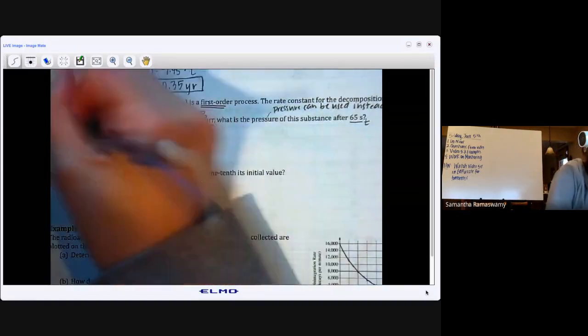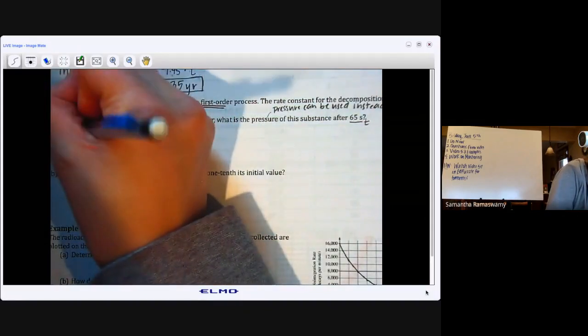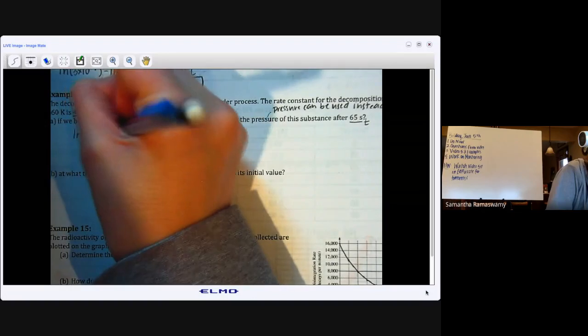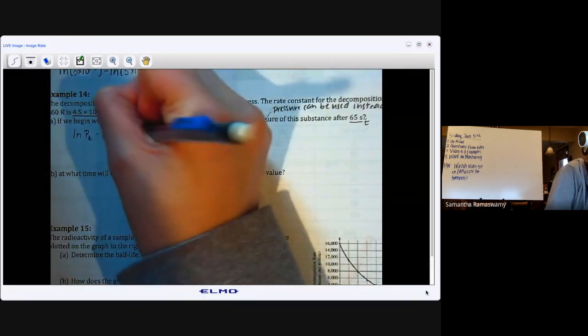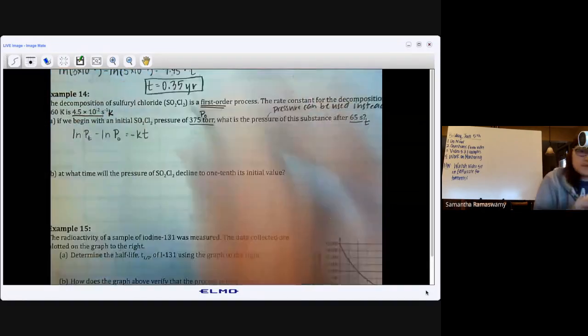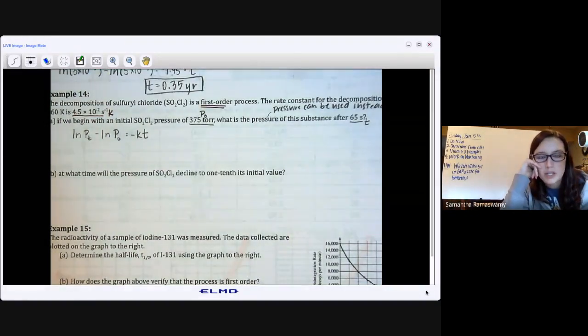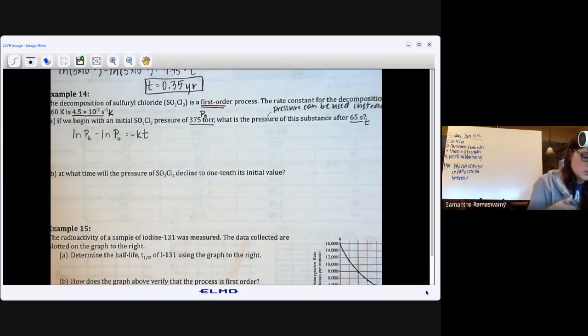First order, meaning we're using ln of pressure after some time minus ln of pressure initial equals negative K times T. You say, well, where did I get that from? Well, I used it from the equation sheet, but instead of concentration after some time and initial concentration, I just plugged pressure in. So let's plug in what we know.